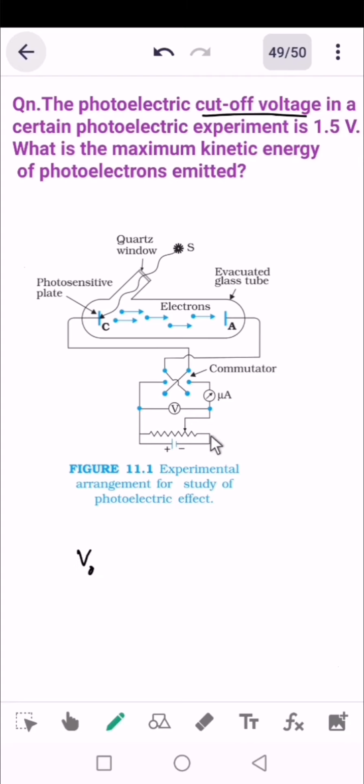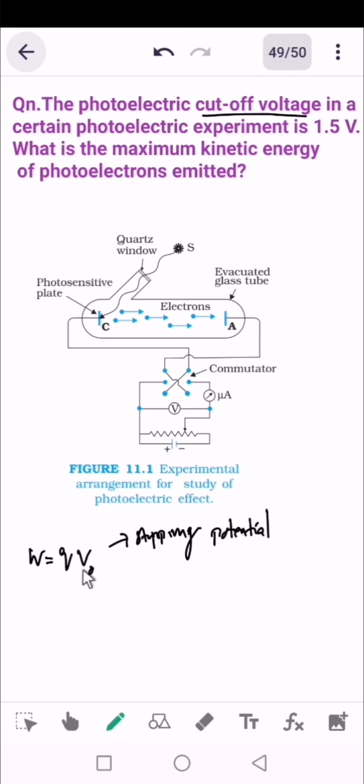Okay, so in order to repel the electron, work must be done, and what is the expression for work done? It is Q times V. Here instead of V, we are representing the potential as V0, and this V0 is known as stopping potential. This stopping potential is the negative retarding potential that should be applied in order to stop even the electron having the maximum kinetic energy.